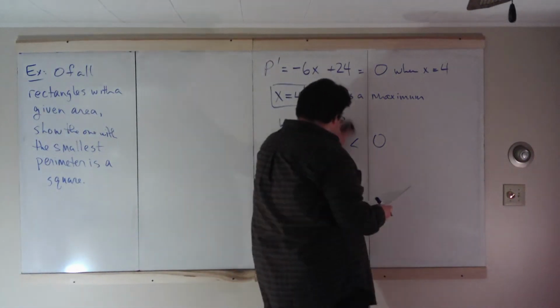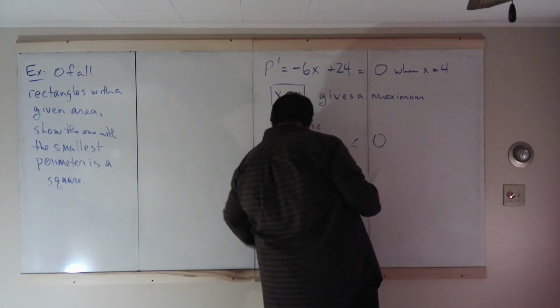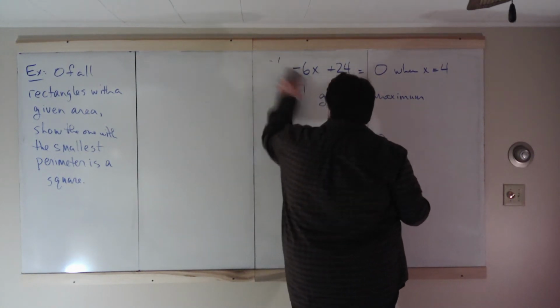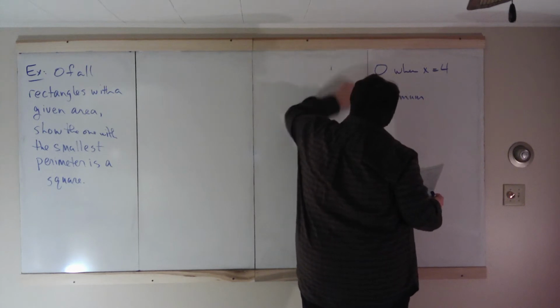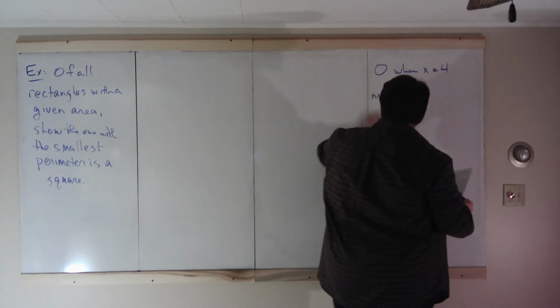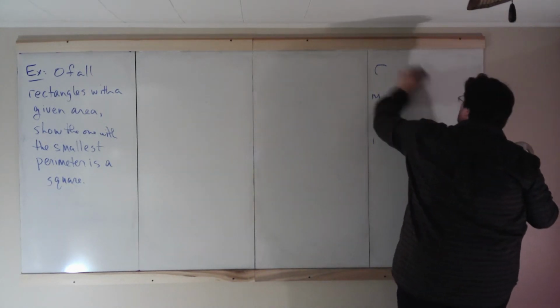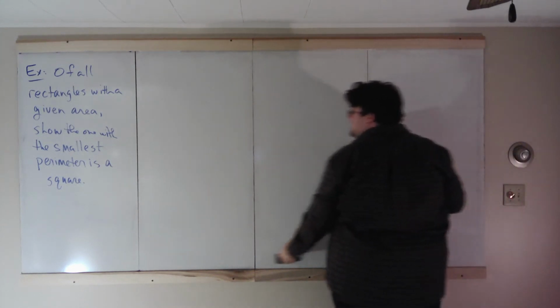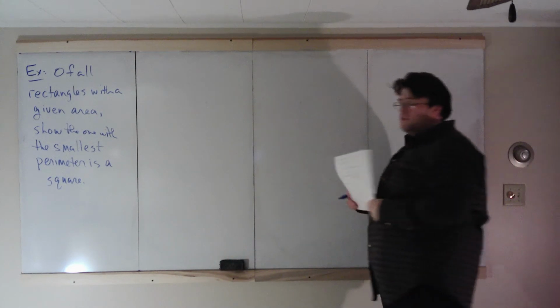Well, again, we're going to need to find a function to do calculus on. What does it say? The one with the smallest perimeter is a square.